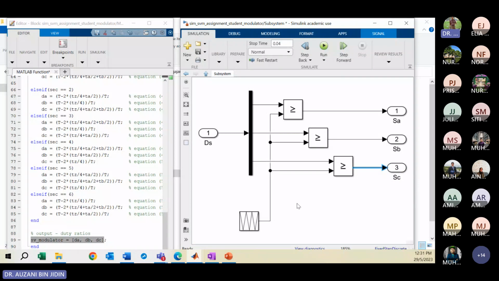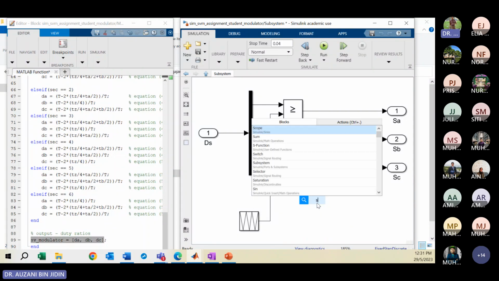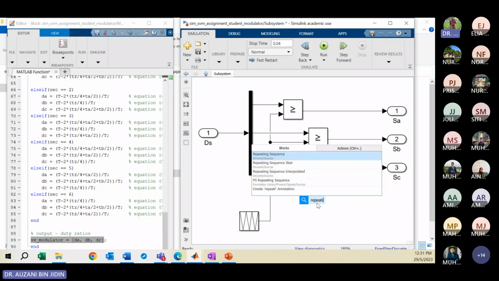How to design the triangular? The inverter is not complete yet, so you must know how to design the triangular. This block we obtain from the Simulink library, or you may write or type here, repeating sequence.